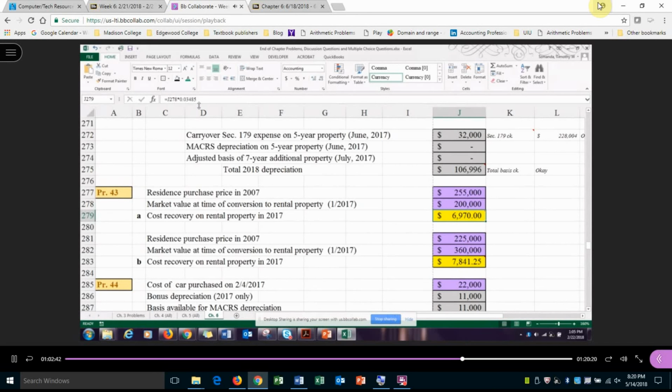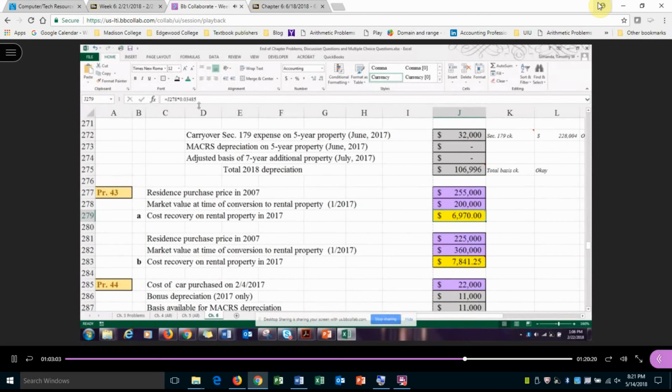Again, this residential property for part A was purchased in January. So I'm going to use the very first column on page 6-47. And then I'm going to scroll down to the first year, and it says 3.485. It's the intersection of 1 and 1, right?